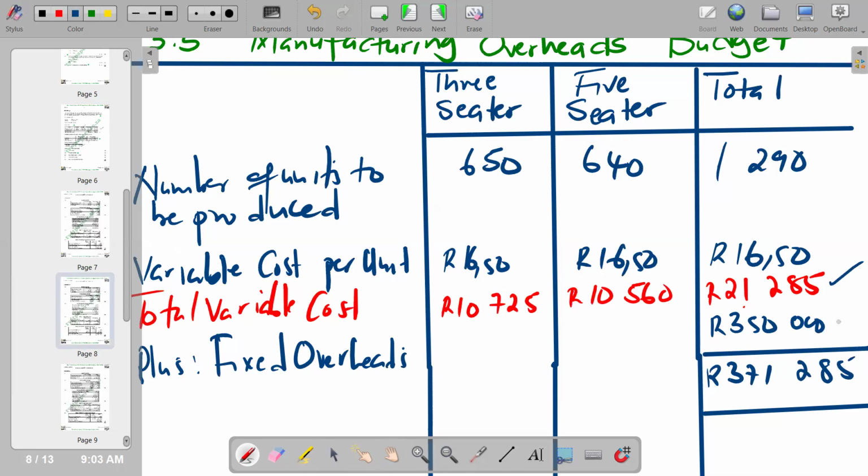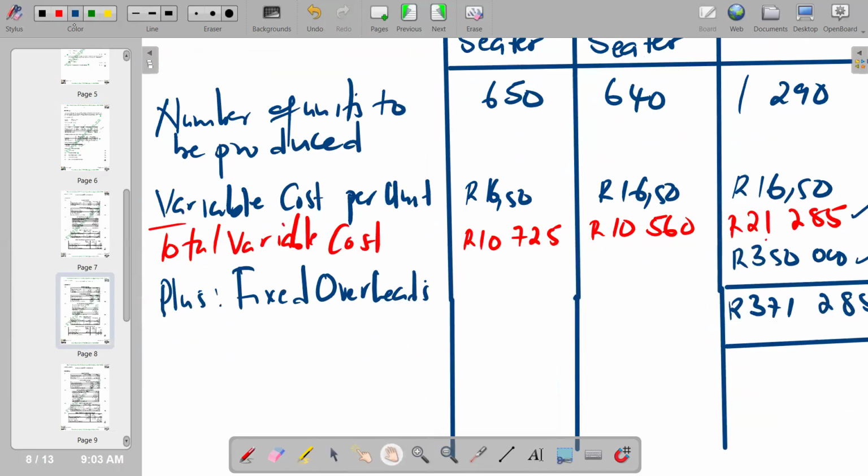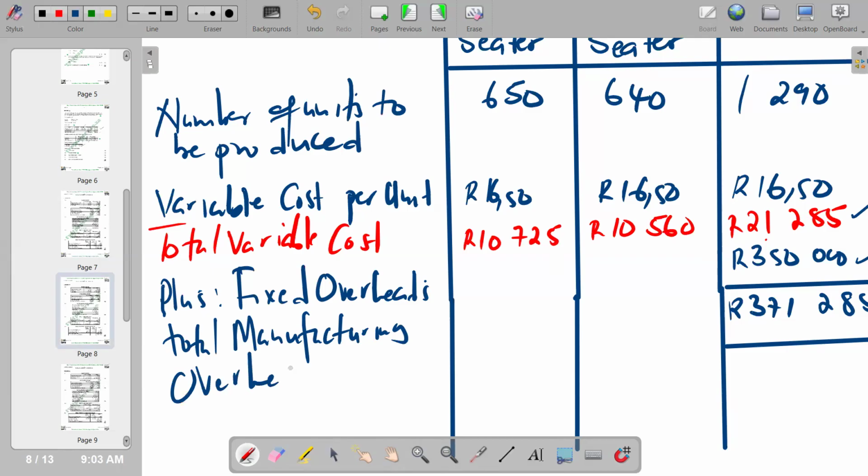That is this figure plus this figure. Then in terms of the description of that figure, it's going to be our total manufacturing overhead. So basically, this is what we have according to this question. Yes, we get the total manufacturing overheads for the manufacturing overheads budget.